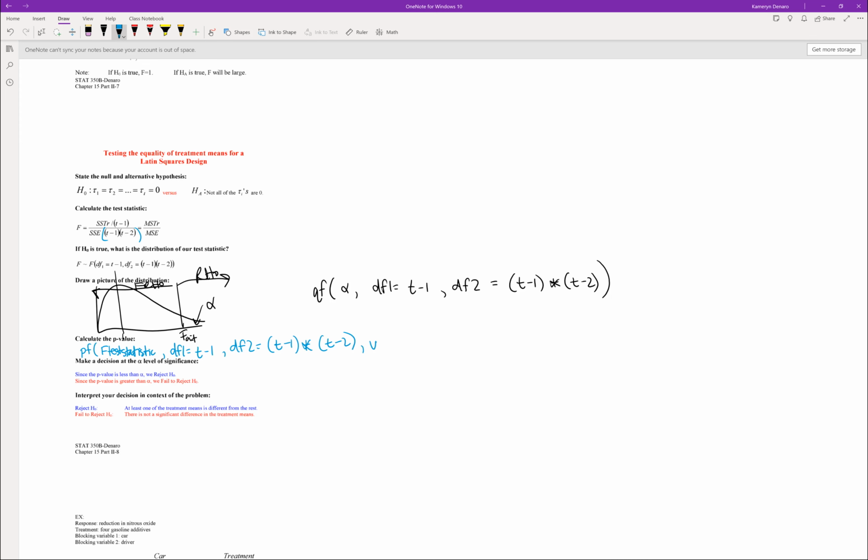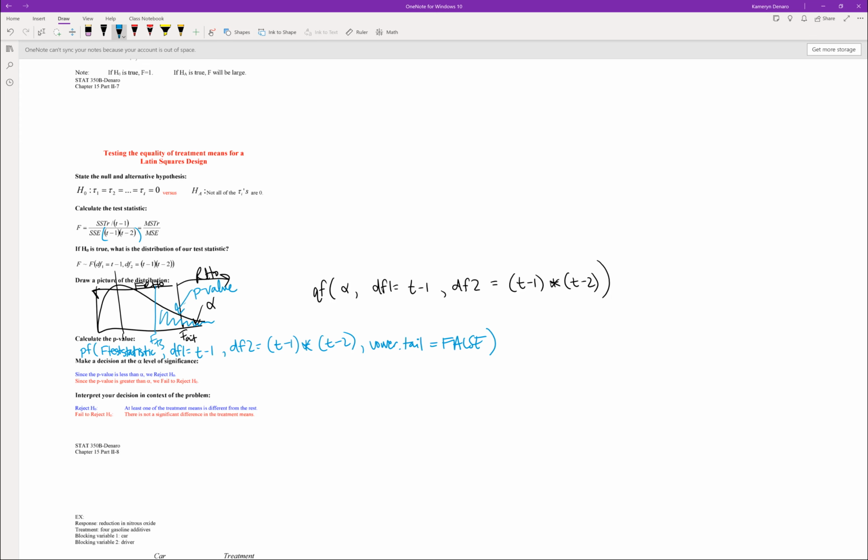Then you're going to say lower.tail equals false, because your p-value is the area greater than your test statistic. So you want the upper tail, not the lower tail, and that area there is your p-value.